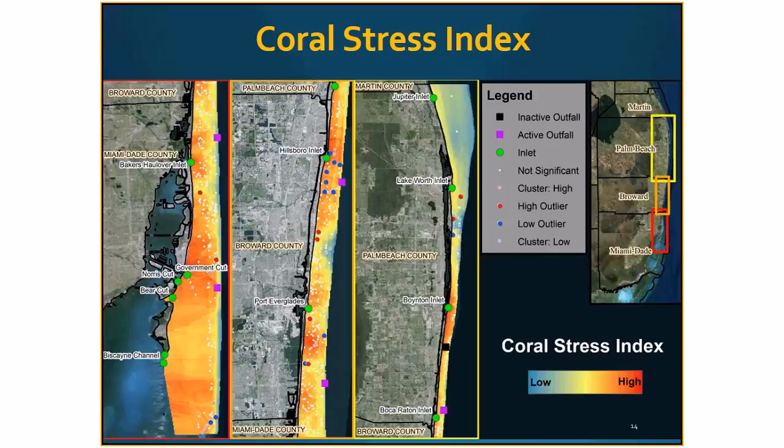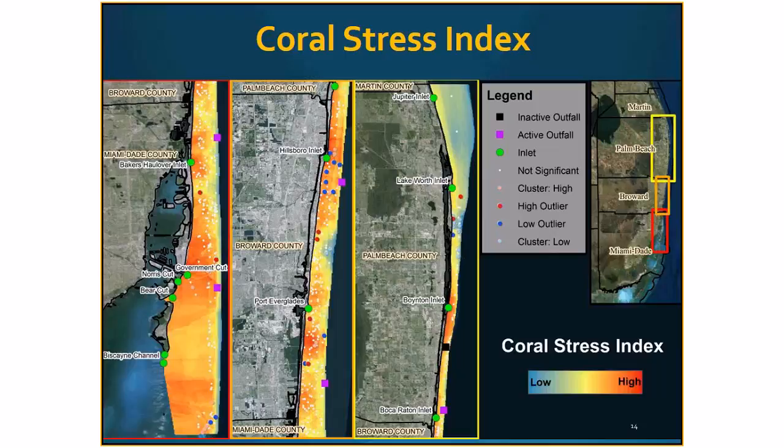There is another hotspot as you look right here. The nature center is right here, so there's a hotspot by Dania Beach. There is another hotspot up by Hillsboro Inlet. And then as you continue up, there's a pretty nice cold spot up here by Palm Beach proper.